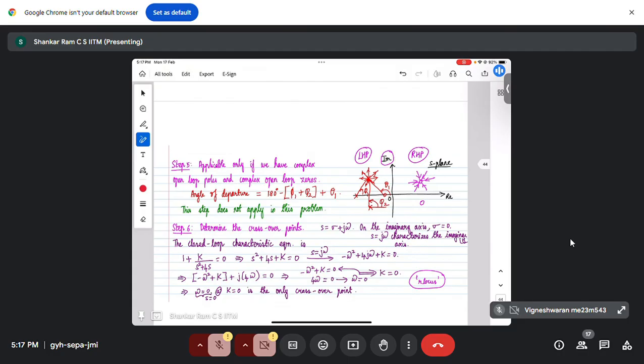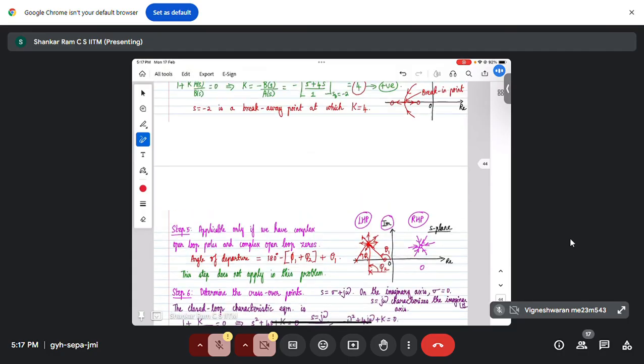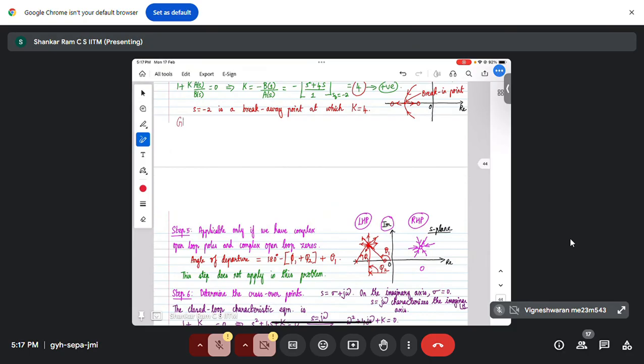In the particular example that we are considering to understand root locus, the open loop transfer function is K divided by s times (s plus 4), with K being a positive number. We can immediately observe that there are no complex open loop poles, no complex open loop zeros. So in such a case, we can just write that this step does not apply to this problem.